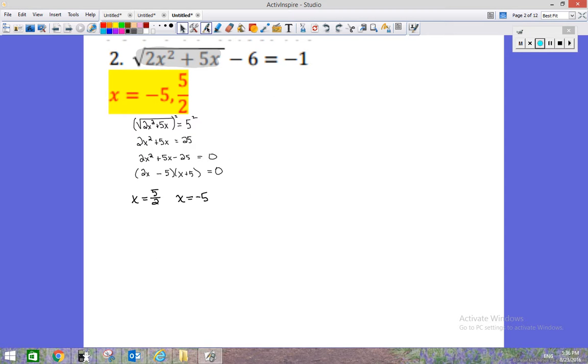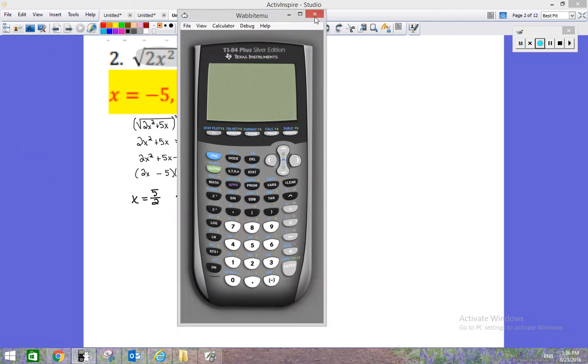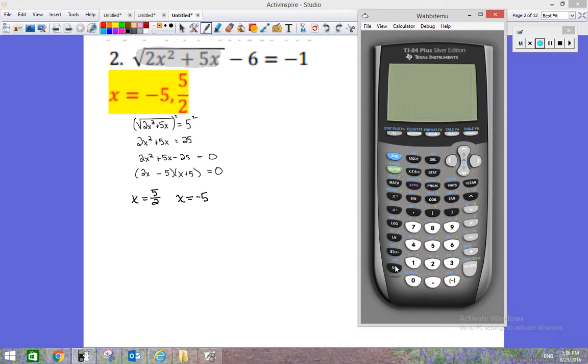Now, I can't say that those are my solutions yet because I haven't checked them in the original problem. So let's do that with a calculator. Let's plug in 5 halves. On the left hand side, I've got the square root of 2 times this 5 halves, but this 5 halves is being squared, and then plus 5 times 5 halves.